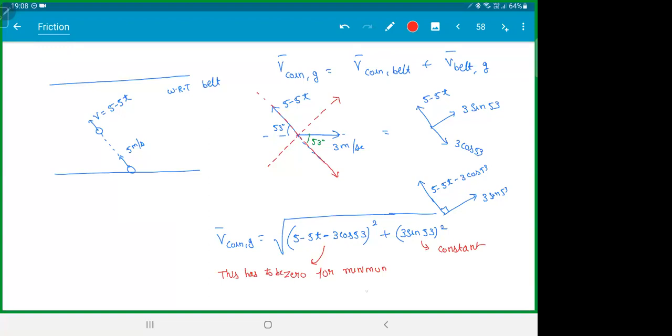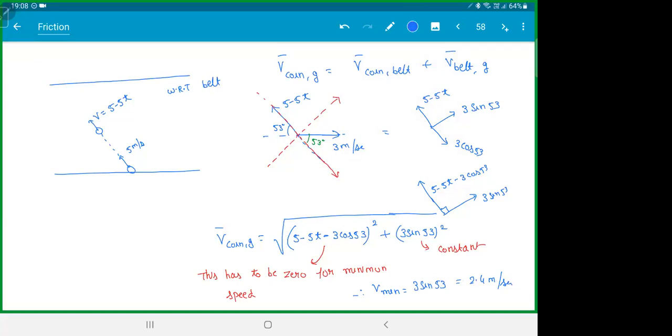This has to be 0 for minimum speed. Therefore, we get V minimum will be 3 sin 53. Sin 53 is 4 by 5. 12 by 5 is 2.4 meters per second. It means for a moment the speed will be even lesser than the speed of the belt.